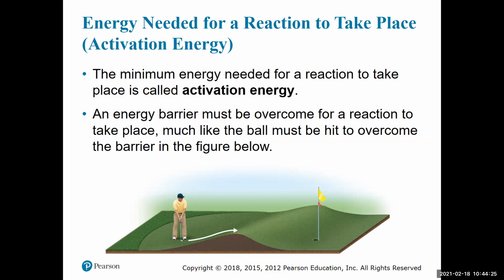Now, the other thing I'll say is that someone who's trying to get reactions to work, or to prevent a reaction, these are the variables they would try to have tools to impact. You'd want to increase the collisions, and temperature is a good way to do that.